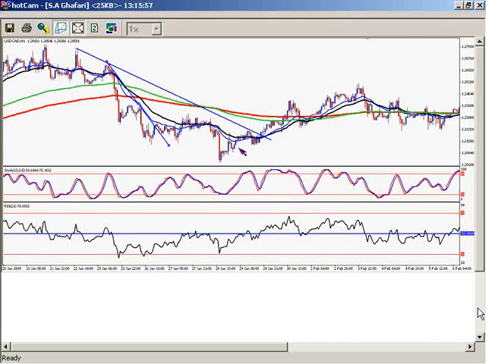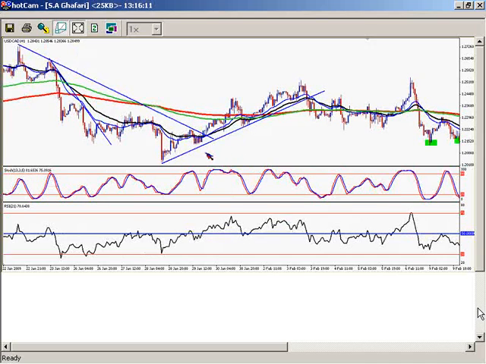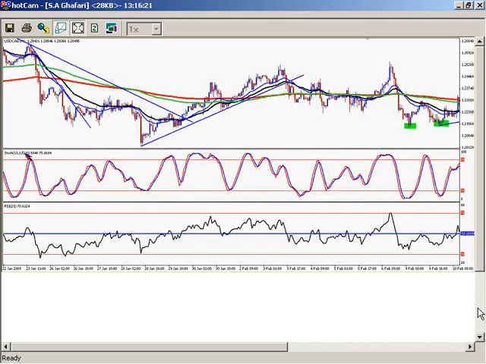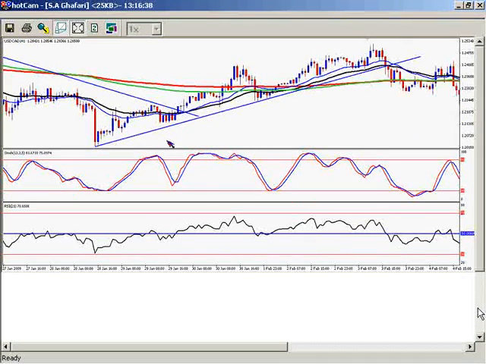It's very simple. Just imagine we have a stochastic with a 13, 3, and 5 setup, and we're going to trade buy and sell based on the crossovers between the D% and K% lines, as you can see here. Let me zoom out a little.